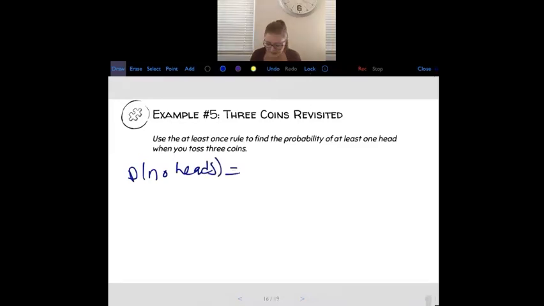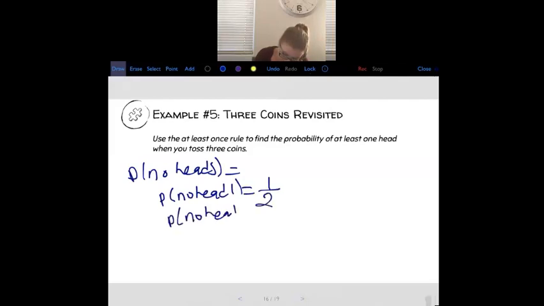Okay, and the probability of tossing no heads, so these events are independent, and so we would be using the multiplication that we talked about at the beginning. So probability of no head, the first time would be 1/2, the second time would be 1/2, and the probability of no heads on the third try would be 1/2 as well.